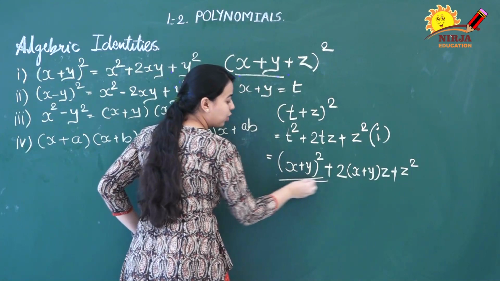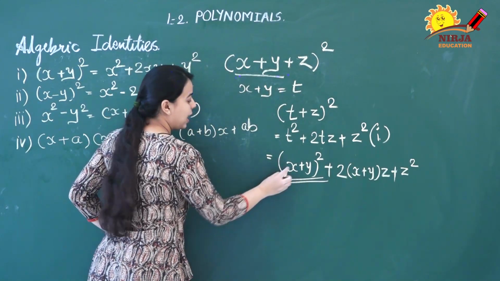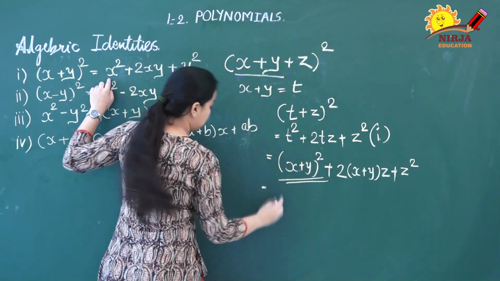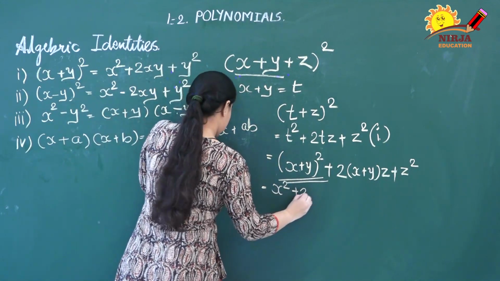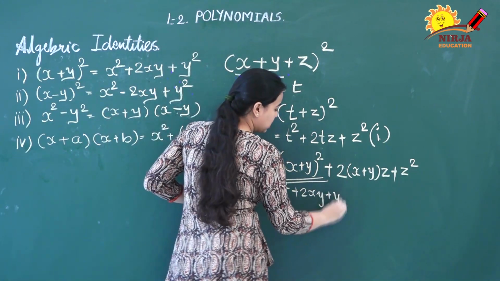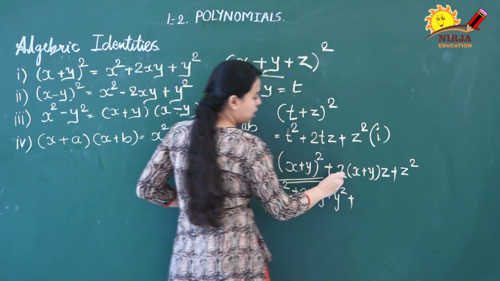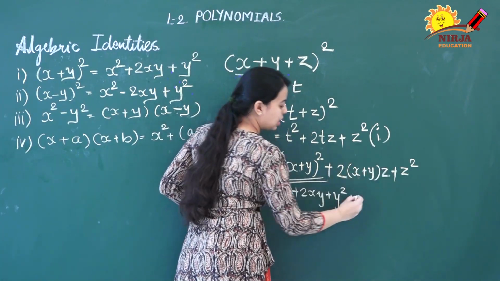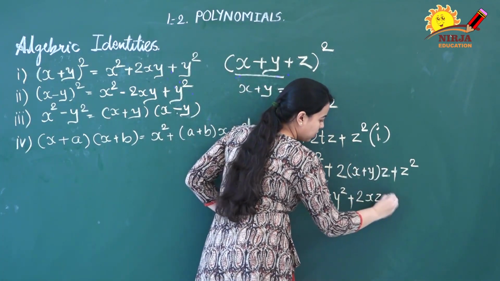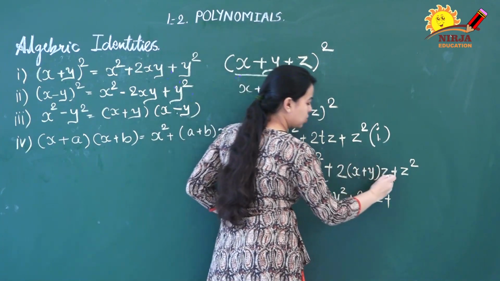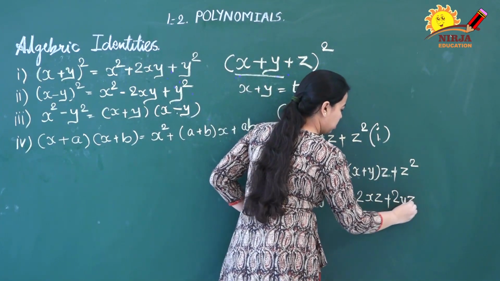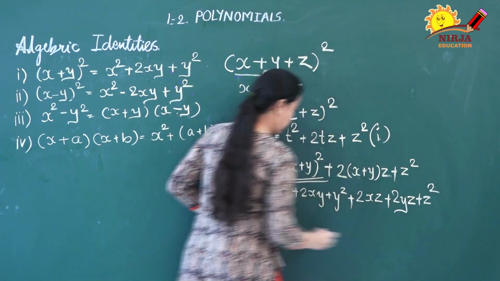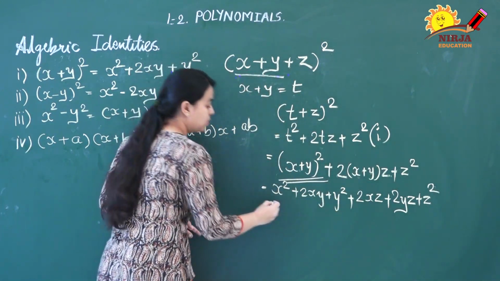Now again we are going to use identity 1. (x plus y) whole square is equal to x square plus 2xy plus y square, plus 2 into x into z, plus 2 into y into z, plus z square. Now let's rearrange terms.